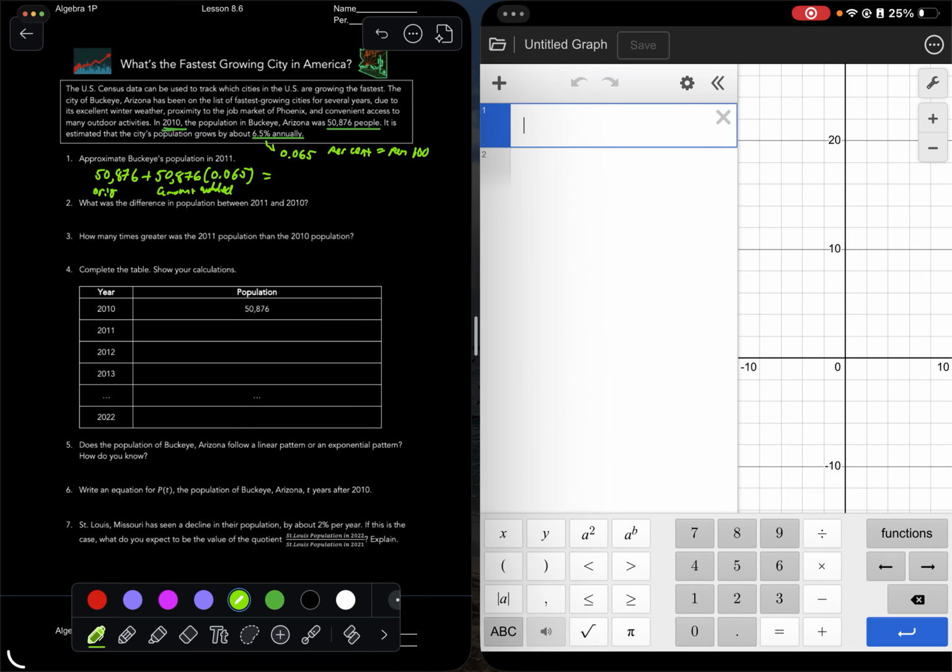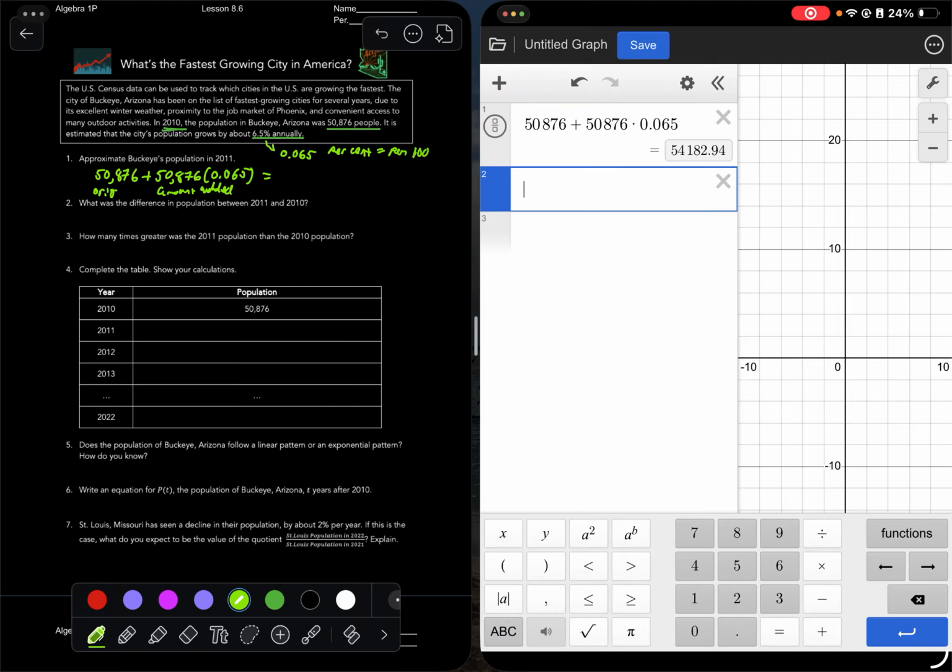Because I'm just using the calculator, not trying to graph, it's going to be 50,876 plus 50,876 times 0.065. And that gives us 54,182.94 people.